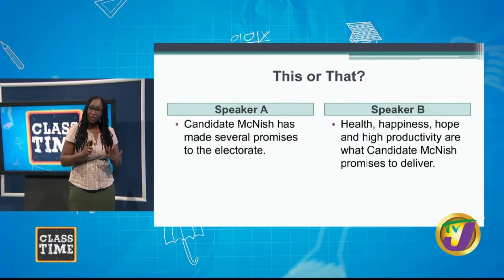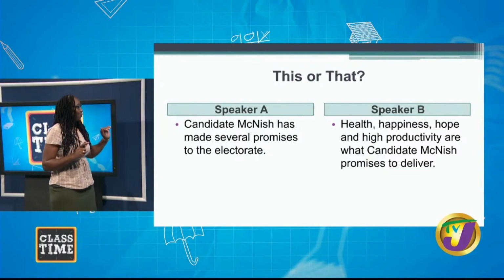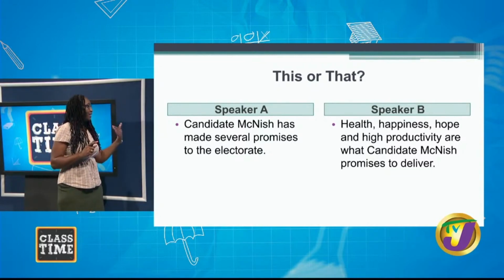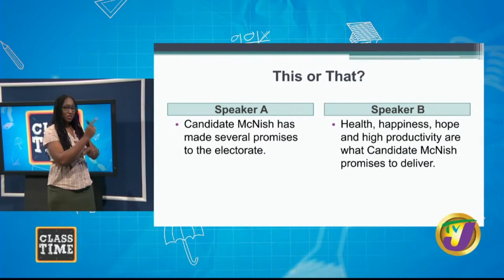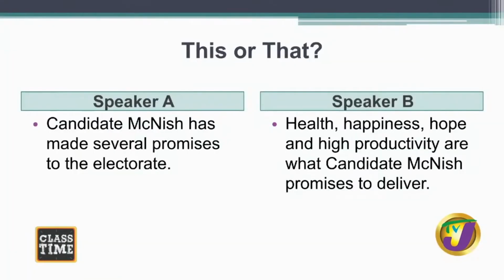So let's look at how it can be used. On one side, we have: candidate McNish has made several promises to the electorate. Factual statement, nothing wrong with it. Look at how Speaker B chooses to put it now. Health, happiness, hope, and high productivity are what candidate McNish promises to deliver.